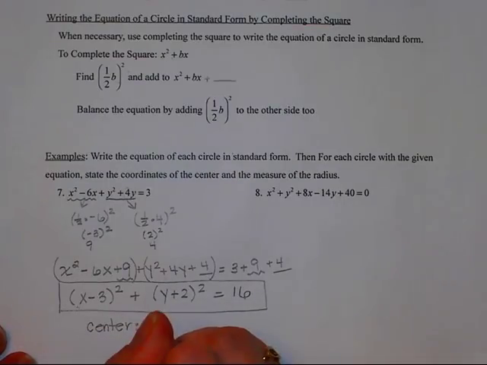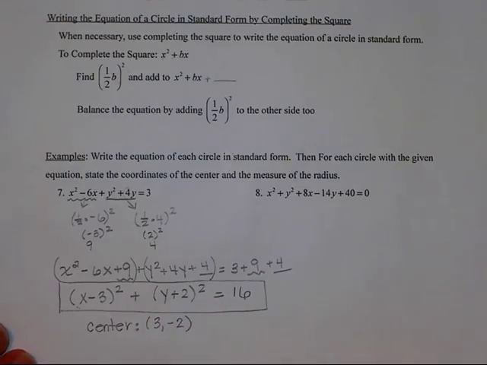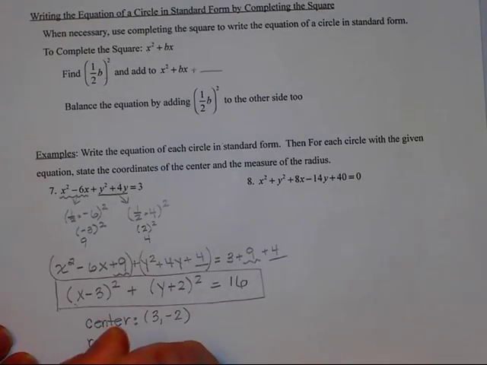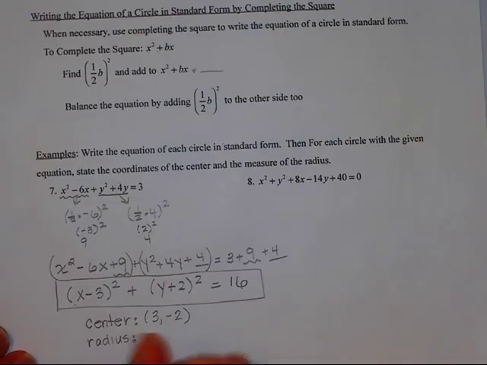So the center is located at positive 3, negative 2. The right side of the equation is always r squared. So if the radius squared is 16, then the radius must have length the square root of 16, or 4 units.